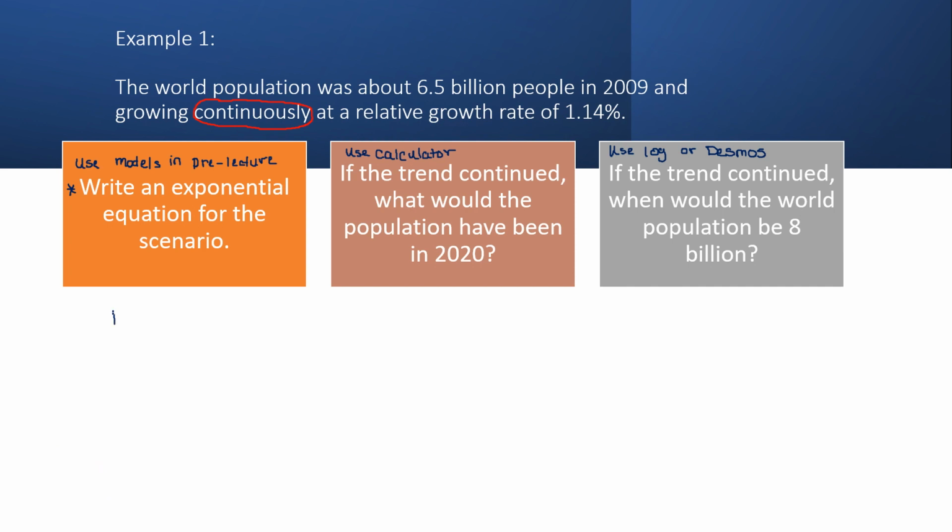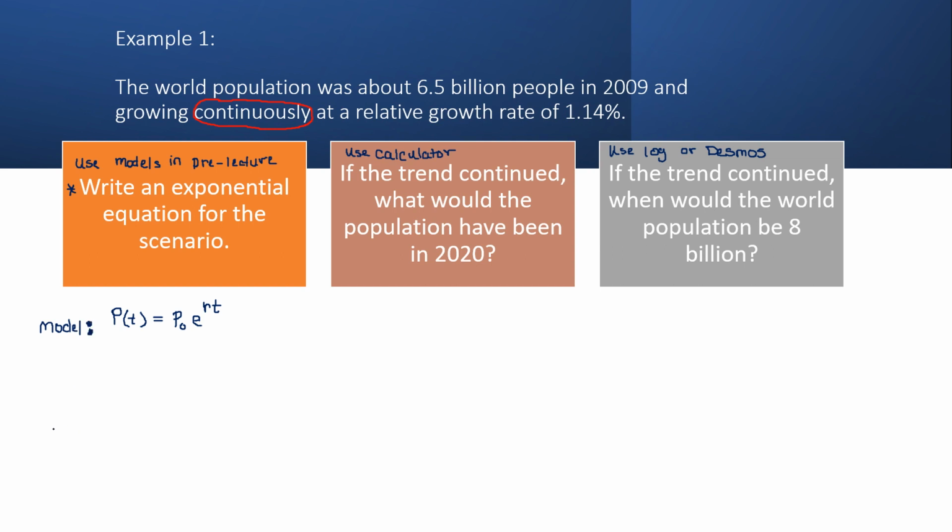So that exponential model says P of t, population at some point in time, is P0, the starting population, times e with an exponent of rt. So this is our model or our formula that we're going to fill in some values based on this scenario.